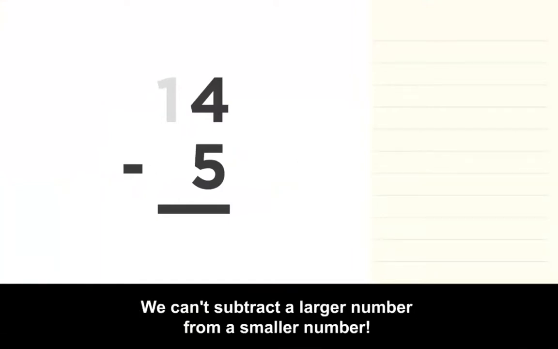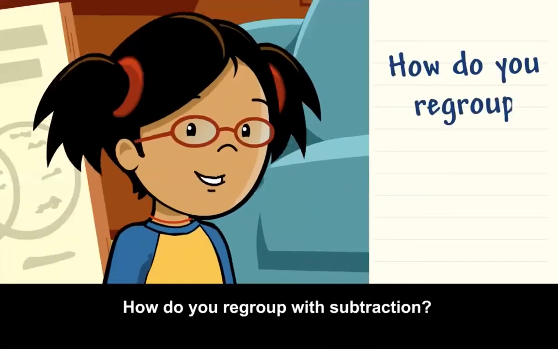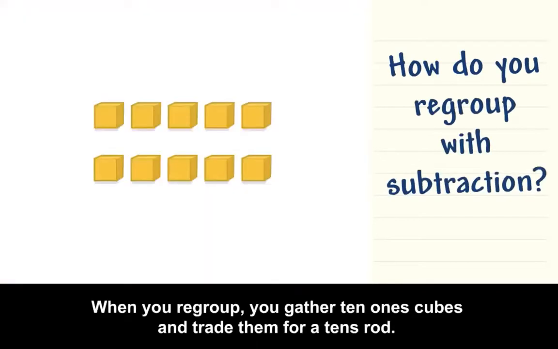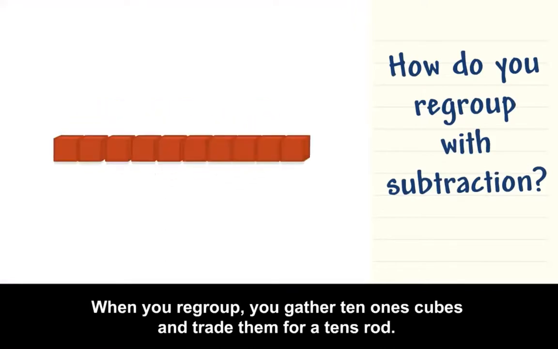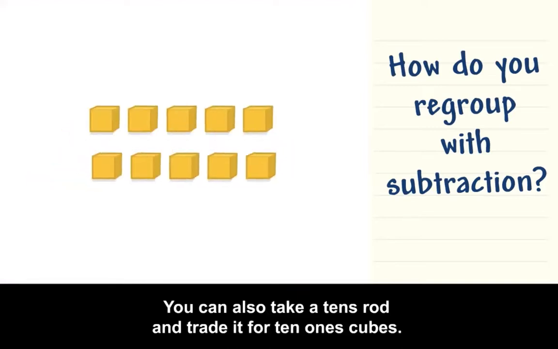You can't subtract a larger number from a smaller number. How do you regroup with subtraction? When you regroup, you gather 10 ones cubes and trade them for a tens rod. You can also take a tens rod and trade it for 10 ones cubes.